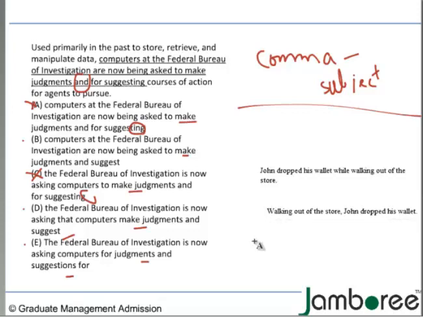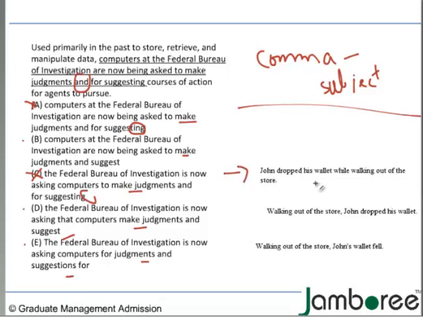Right? Everybody can see the sentences? Okay, so these are 3 sentences, right?